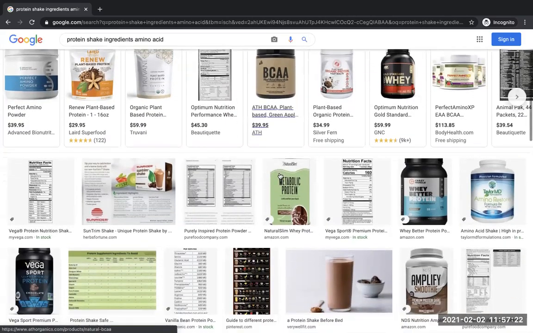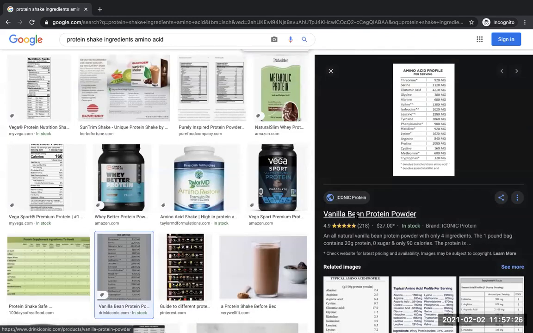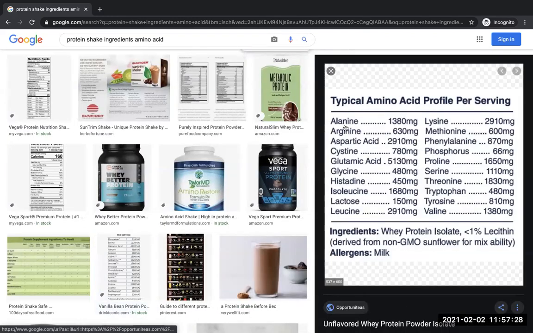It's gonna include all the amino acids, because that's what you need to build a muscle. Muscles are made of proteins, and for proteins you need amino acids. So people who are trying to get big muscles start taking these protein powders or protein shakes. It's gonna give you alanine, that's amino acid, arginine, amino acid, cysteine, that's amino acid. So these are amino acids making the protein.